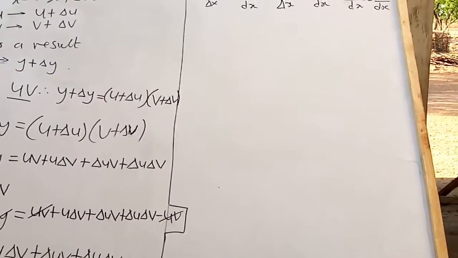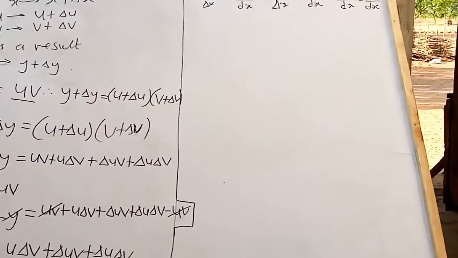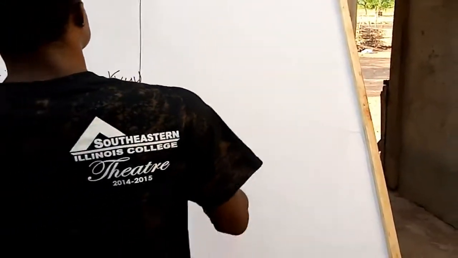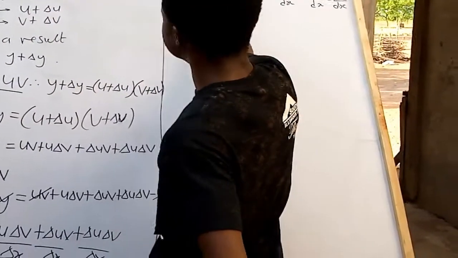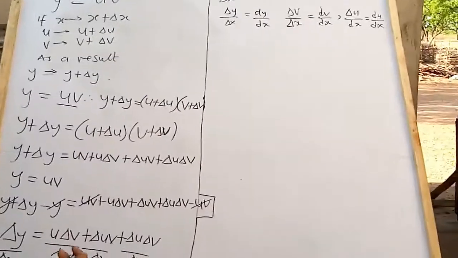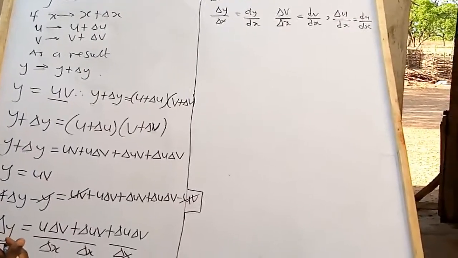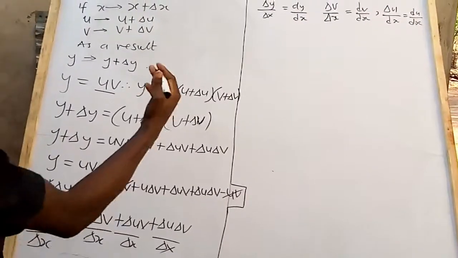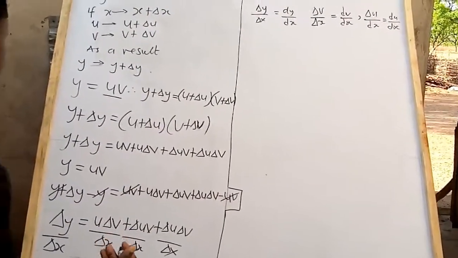All that we want to understand here is that whenever we allow the small increment to be equal to 0, then we have the differential equation, or the gradient function, that is dy over dx.